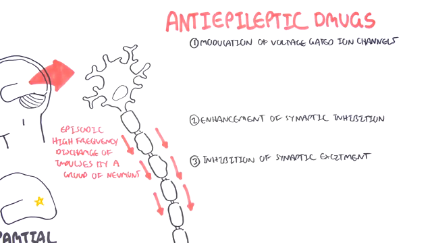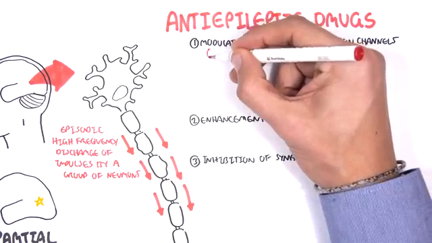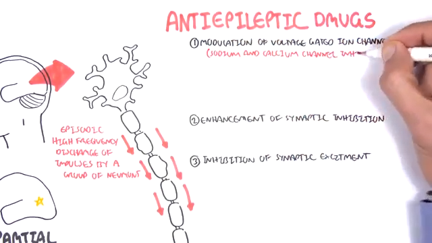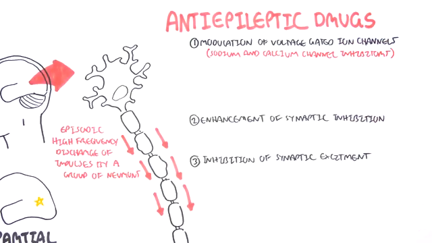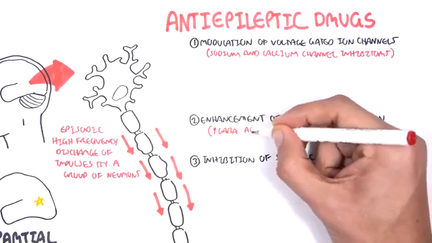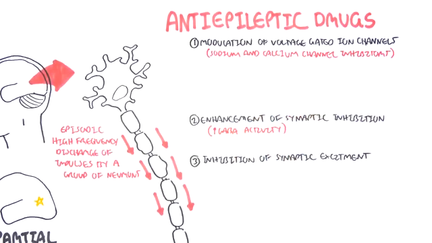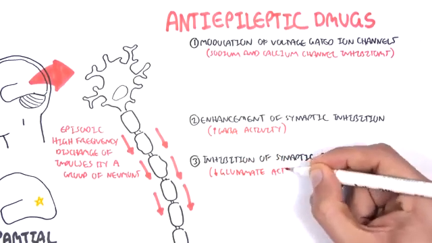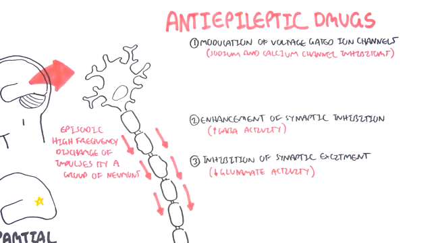Drugs that modulate voltage-gated ion channels target the sodium and calcium channels, and they will inhibit these channels. Drugs that enhance synaptic inhibition will increase GABA activity, which is the inhibitory neurotransmitter in the CNS. And drugs that inhibit synaptic excitement will essentially decrease glutamate activity.